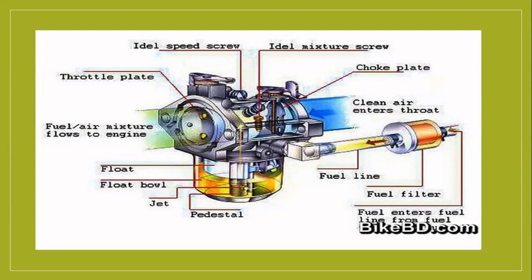Opening the choke valve means it is fully open, and a lot of air goes inside. So it is the proper amount of air-fuel mixture to burn, normally 1:8 ratio. Sometimes it should be 1:6, not less than that.